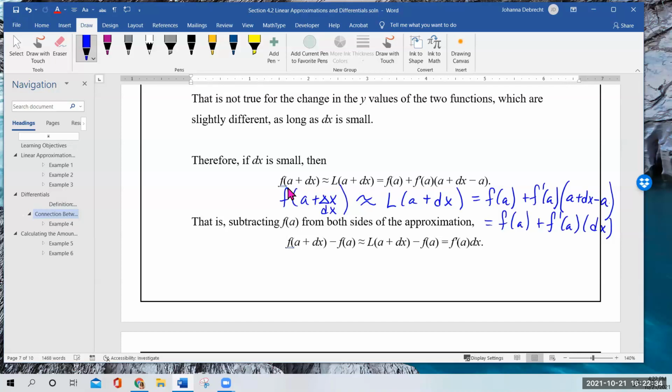So our approximation then becomes f of a plus f prime of a dx for the change in the true function value. When we subtract the original function value from the value at a, we can subtract the f of a from the linear approximation function, and we get f prime of a dx.